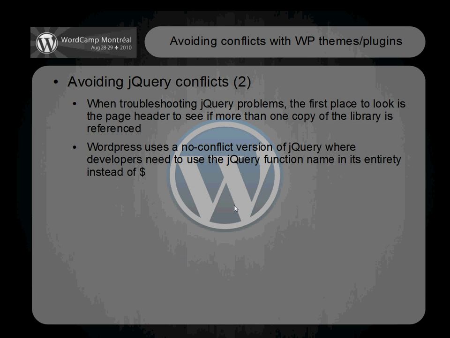Now, one thing to be aware of is that what these functions do is queue up these different requests, and then they output them inside of the wp_head function call that's going to be inside of the theme header. So if you're trying to troubleshoot jQuery issues, the place that you should be looking is obviously in the page header.